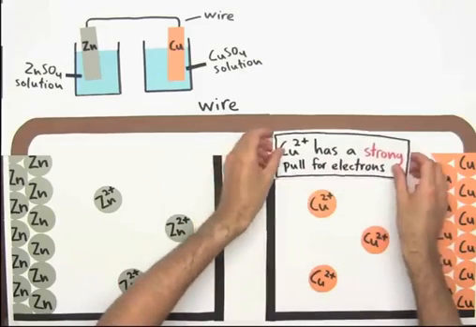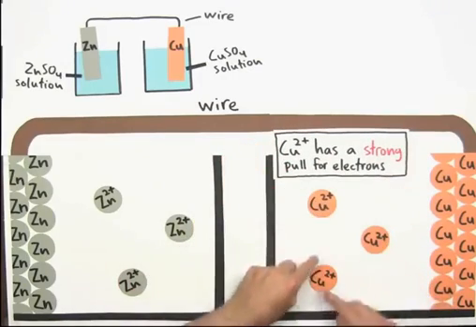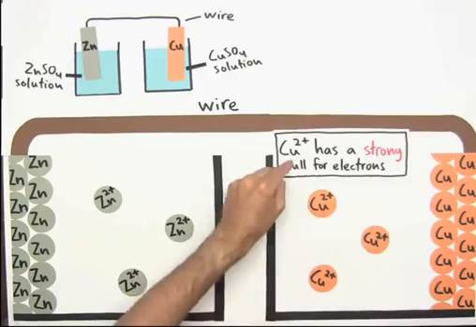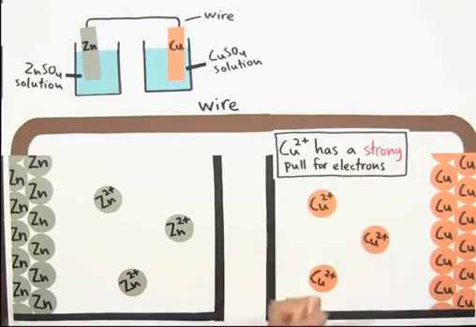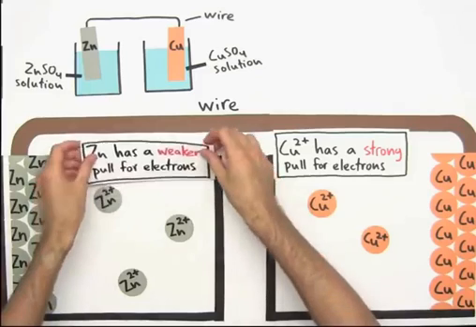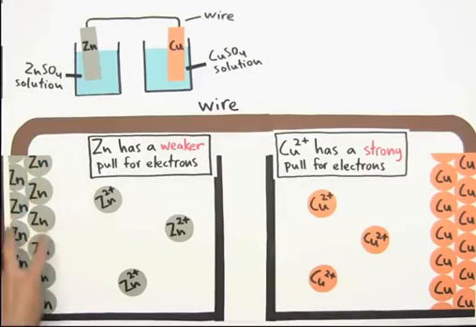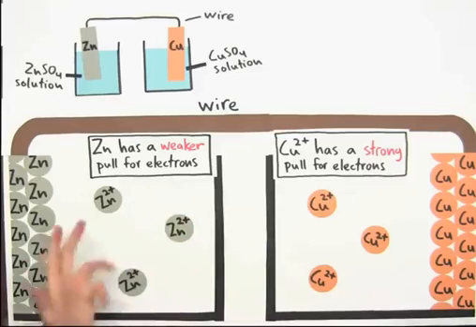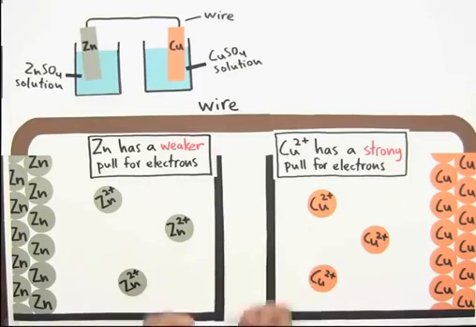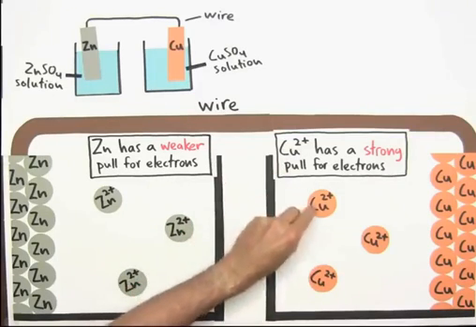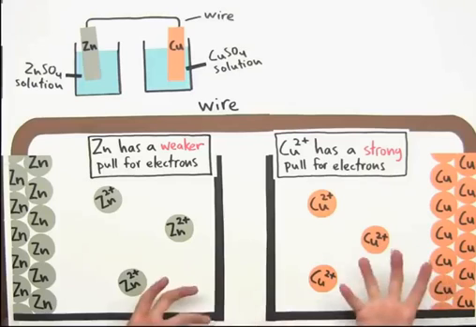It turns out that Cu2+, these atoms here, has a really strong pull for the electrons. But on the other hand, zinc, these zinc atoms, has a weaker pull for electrons. So in this tug of war, Cu2+ ends up winning.